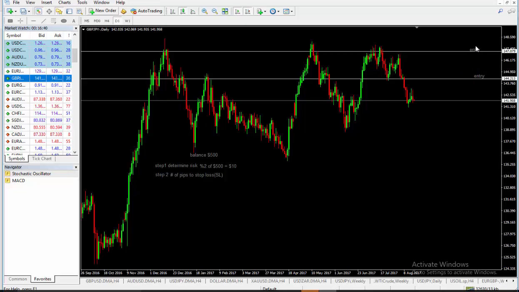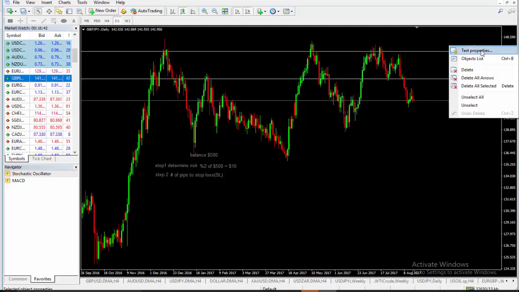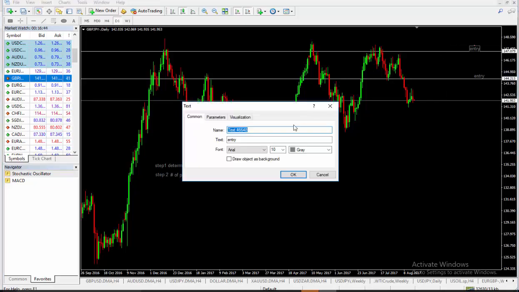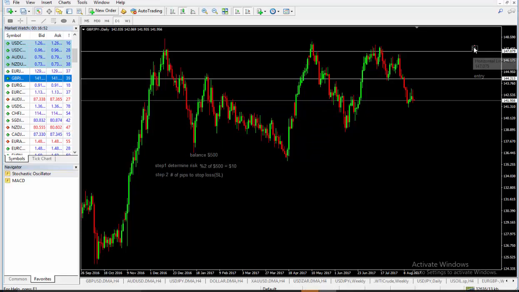Our stop loss would have been there. So step 2, number of pips to stop loss.